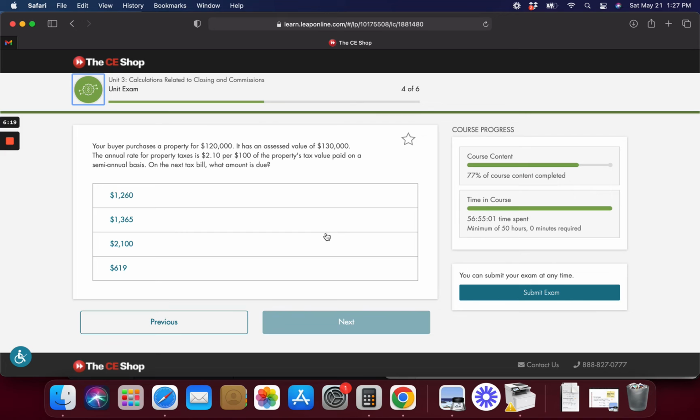All right, your buyer purchased a property for $120, assessed value of $130. The annual rate is $2.10 per 100. What's the amount due on the next tax bill?